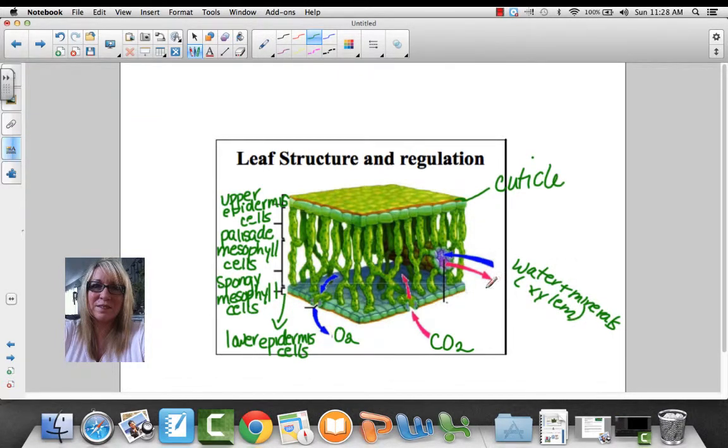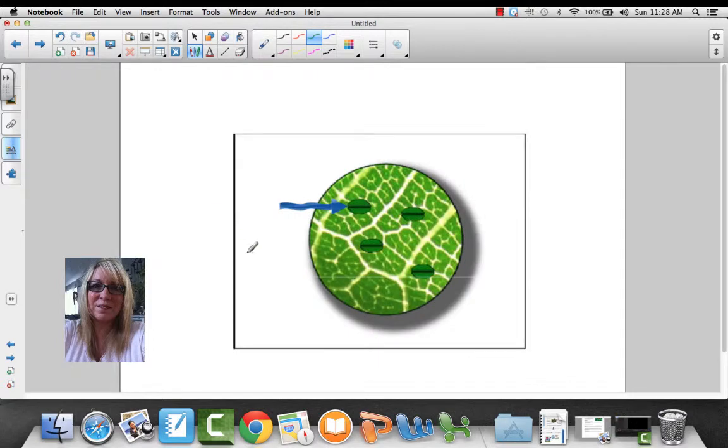And then we have water and food or nutrients coming out, and that's through the phloem. And we'll talk about that a little bit more later.